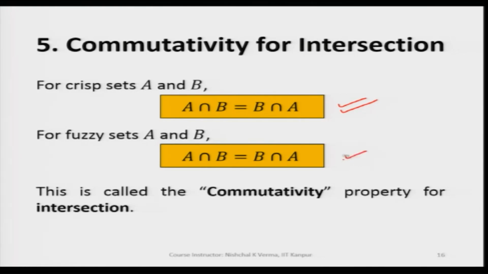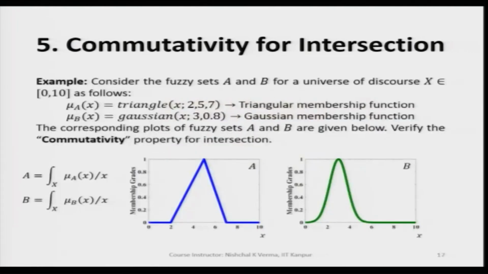Here also it is equal, meaning when we take two fuzzy sets, A intersection B is always equal to B intersection A. So, let us see how we are going to verify this. If we take an example here, we have two fuzzy sets as we have taken in the previous example.